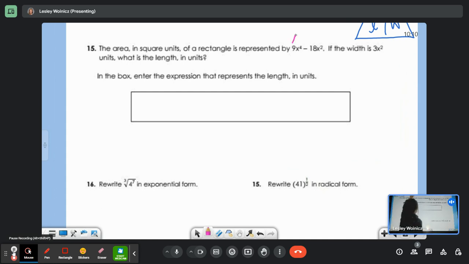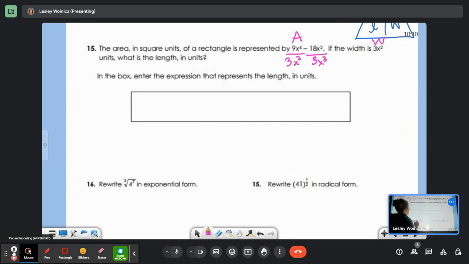Here's our area. Here's our width. What do we do with the area and the width to get the length? Yeah, divide. So I'm going to take my 9x to the fourth and divide by 3x squared. I'm going to take my negative 18x squared and divide by 3x squared.